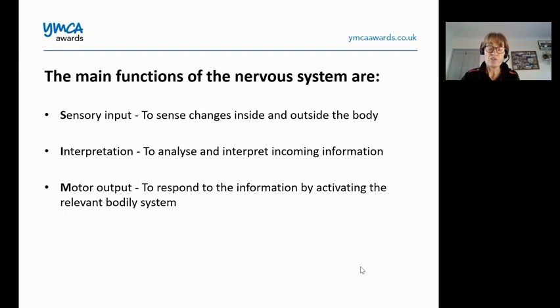Messages then get sent to our central nervous system where interpretation happens, where the messages are analysed and interpreted and the body decides what to do about it. And then finally, our motor output is where our nervous system responds to the incoming data by sending out messages for the body to do a variety of actions to bring things back into the normal.